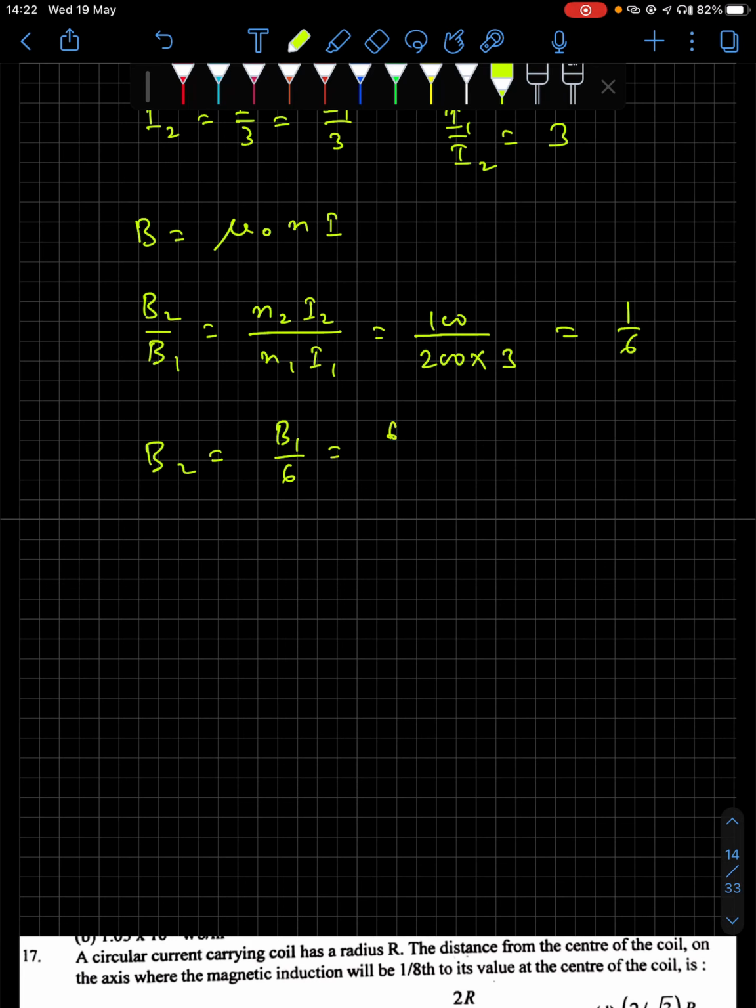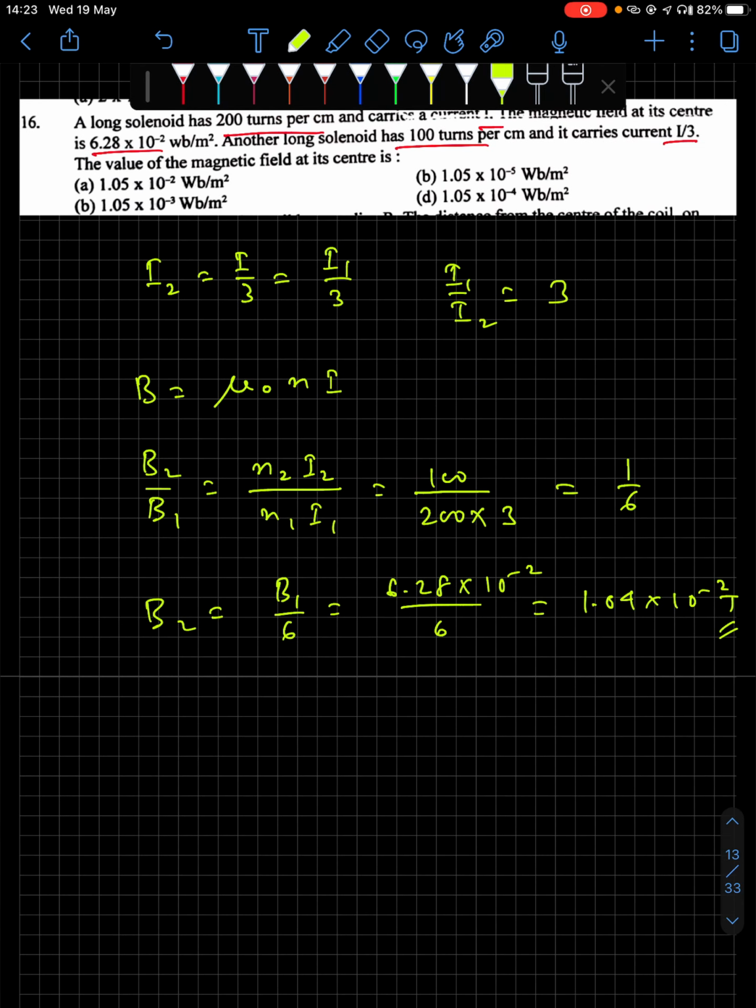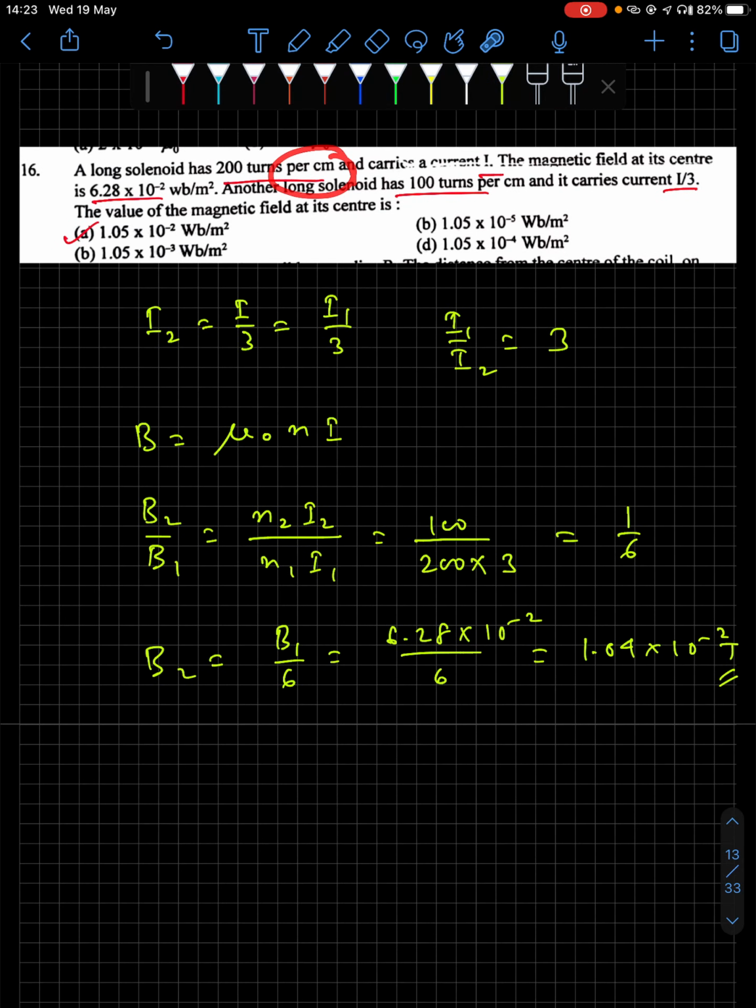The value for B1 is 6.28 into 10 to the power minus 2, divided by 6, which gives you 1.04 into 10 to the power minus 2 Tesla. So this is option number A. Here you don't have to convert per centimeter, because it's a ratio problem and it will get cancelled anyway.